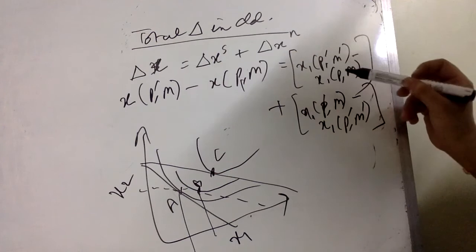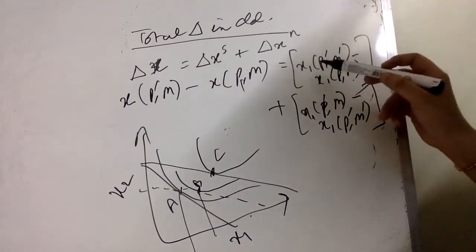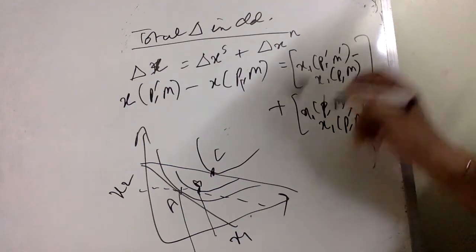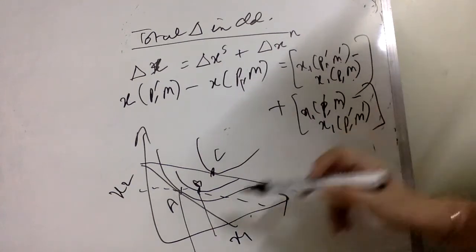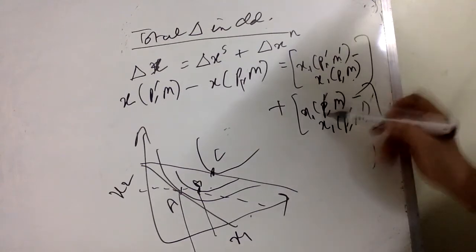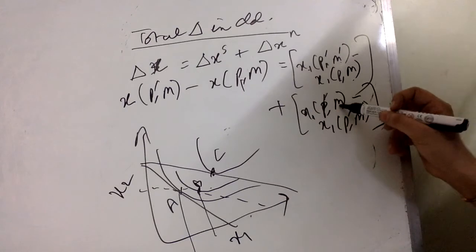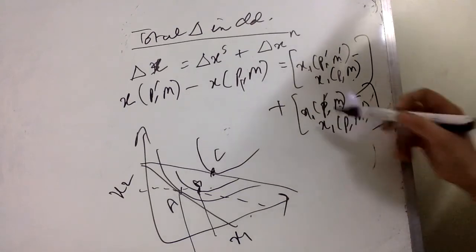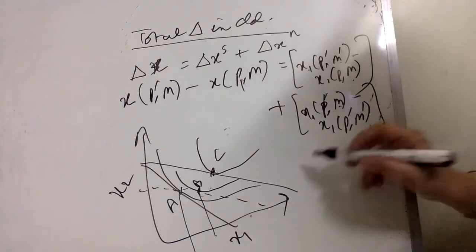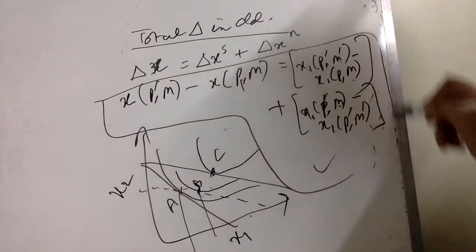Point A was P comma M. Point B was X1 corresponding to new price, new income, P prime, M prime, and point C was corresponding to new price but the same level of income here. The income is not changing but the price is. So point C minus point B, that's how the Slutsky decomposition equation is stated.